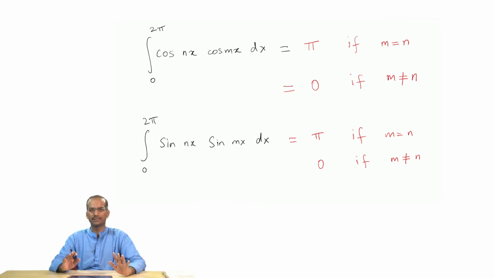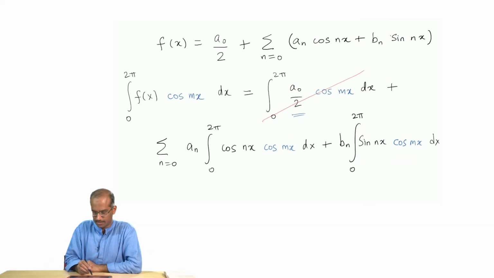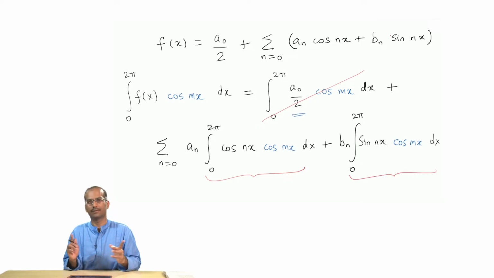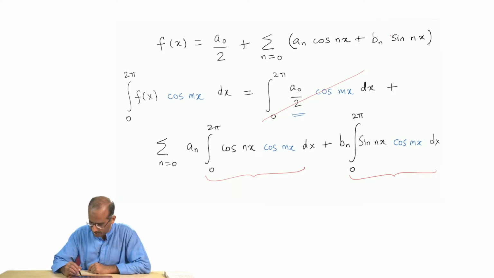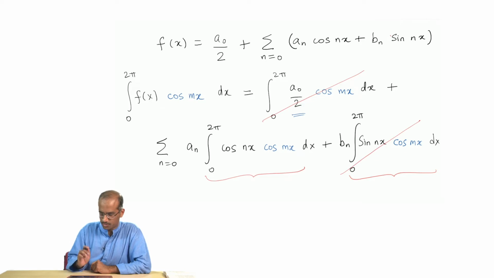In such a case, irrespective of what m and n are as long as they are integers, the result is always 0. The integral here, for example, will survive only if m and n are equal, and this one is a combination of sine and cos integral, will not survive for any integer values of m and n. So, this will always be equal to 0, whereas this one will survive if m is equal to n.